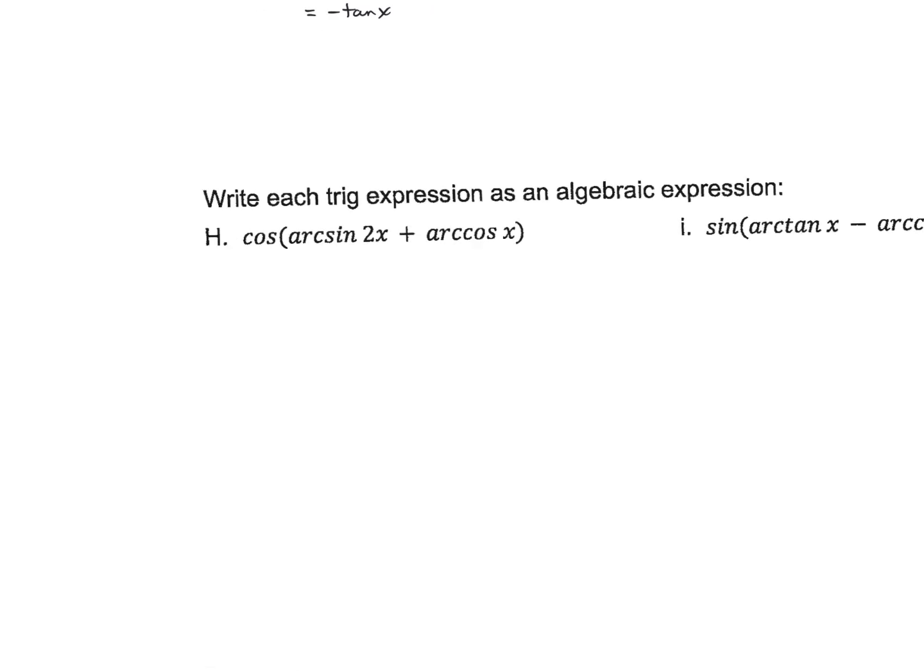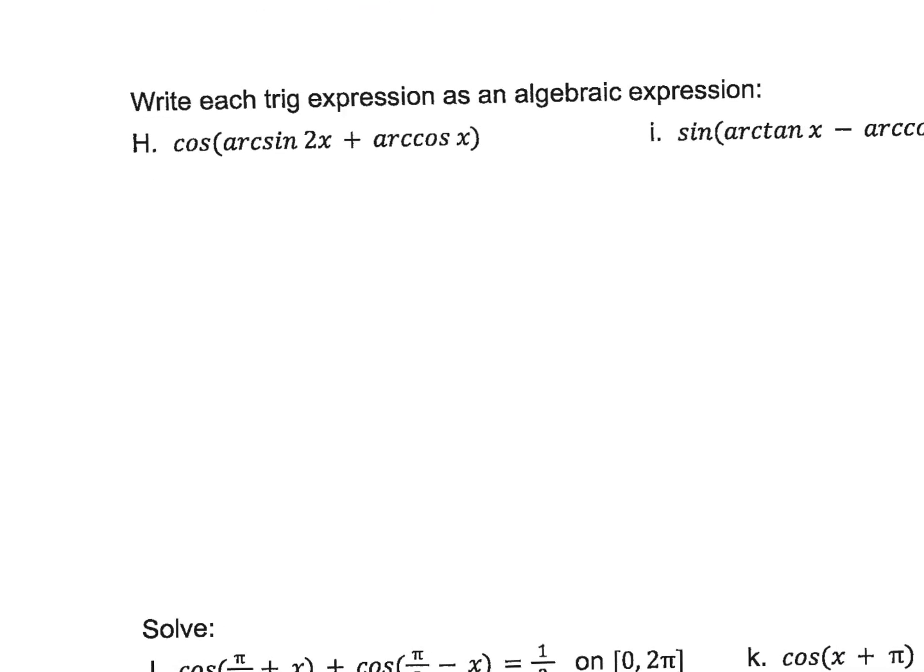All right. How do we do these? It's a trick question. No, we do. We're going to combine something. This whole thing is alpha, and this whole thing is beta.